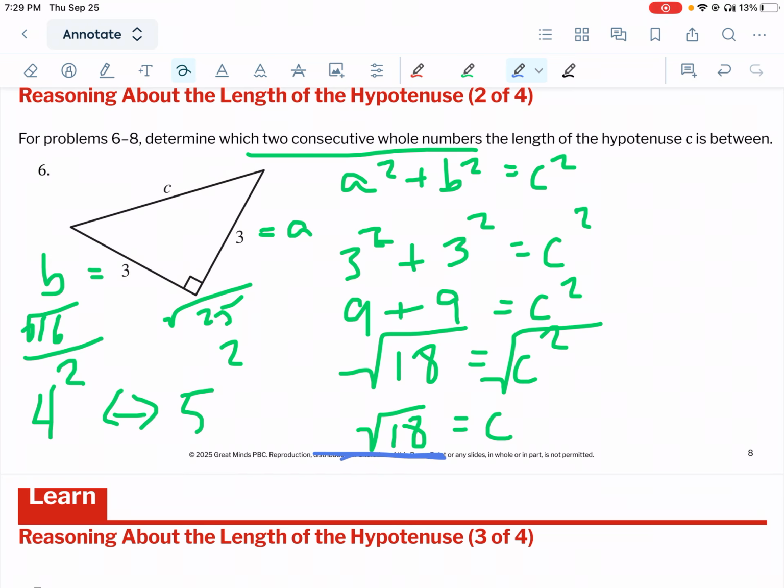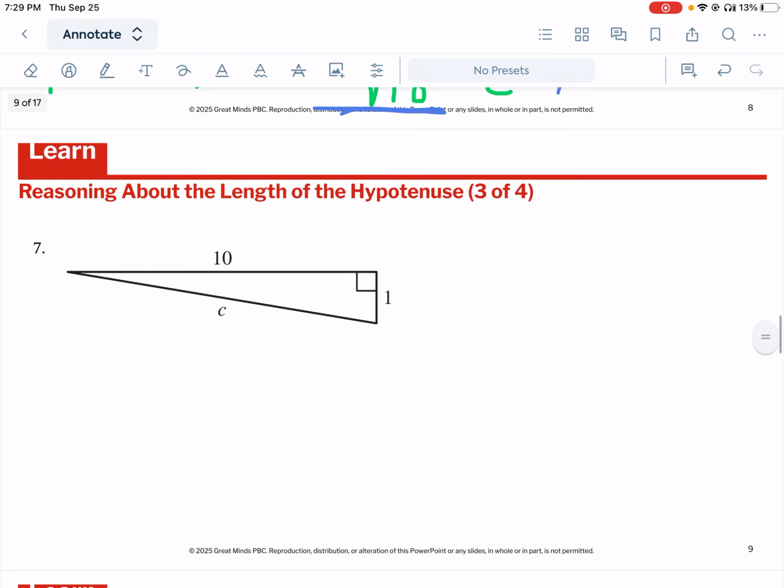So C is between 4 and 5. That's it. You just need to identify which two values can make a perfect square and wherever those square rooted values sit. That's it. Nothing more, nothing less.